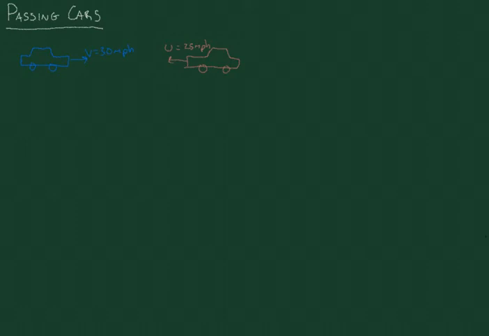Okay, and then we're going to say that the person in this car is going to throw a baseball. And he's driving, so this isn't going to be a fastball. He's not throwing it very fast, but he can still get it at a pretty good clip. So relative to the person in the car, we say that he's going to throw the ball.